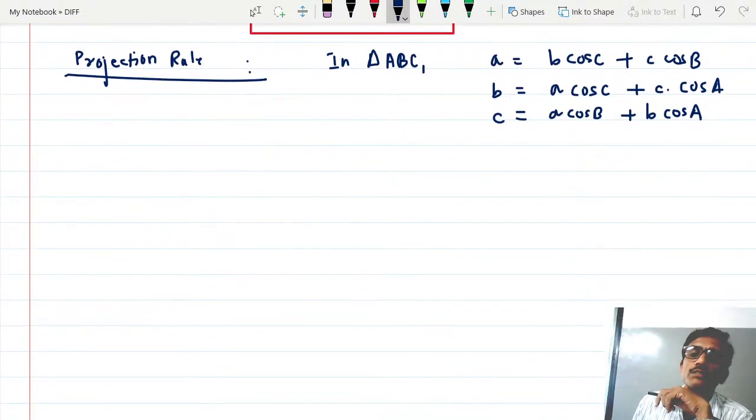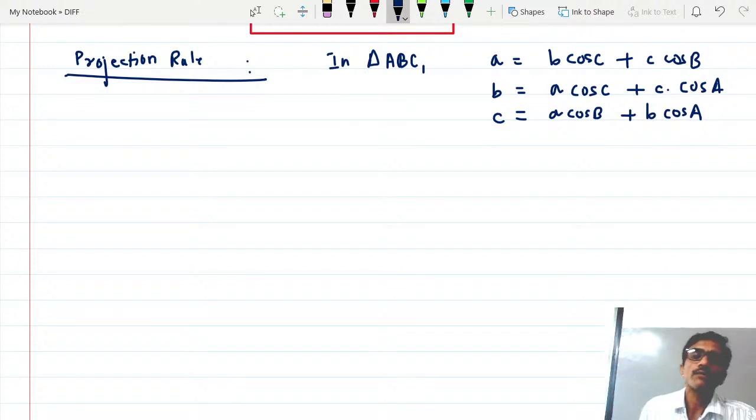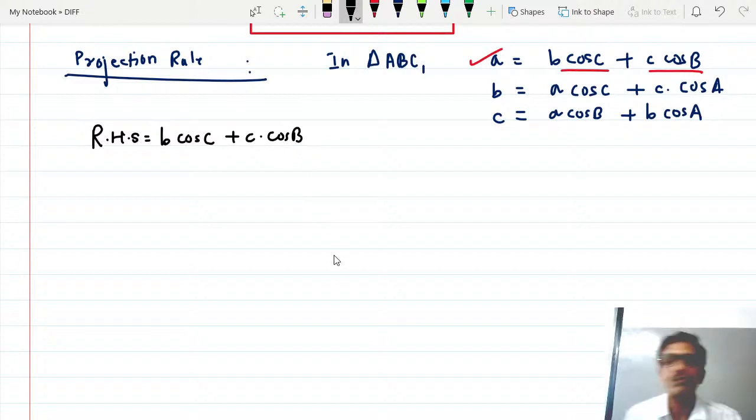To prove the projection rule, we use the cosine rule here. Let us prove it. Here we want to prove a equal to b cos C plus c cos B. Look at the right hand side. RHS is b cos C plus c cos B. Now we use the cosine rule.